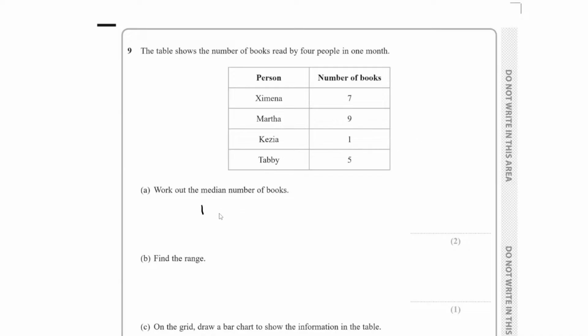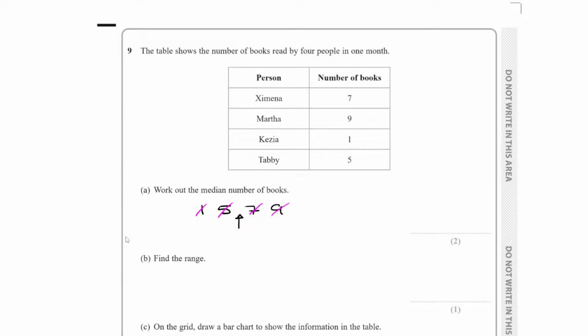So if I put them in order, I get 1, 5, 7, 9. And then I want the middle number now, because there are an even number, isn't it? I've got 4. Because I've got an even number, technically the middle number is between these 2, isn't it? I don't know if you've gone through where you cross off each side, cross off that pair, cross off this pair.